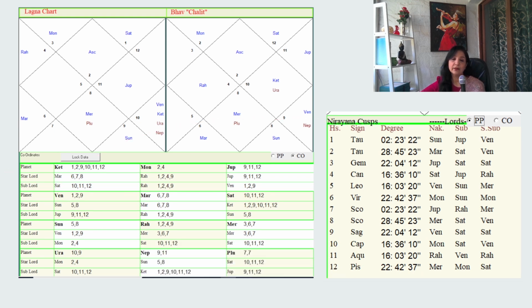Now we need 3, 9, 11 in this script. Because the third house is 12th from 4th, that is away from home. And the third house also governs documentation.